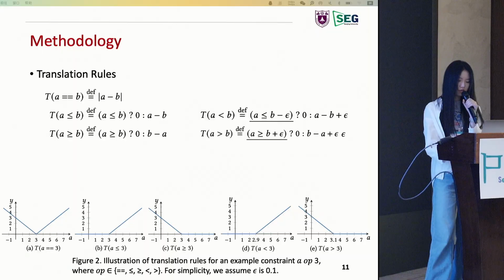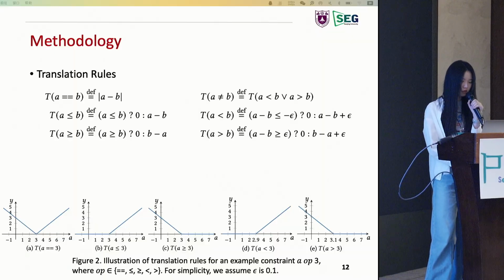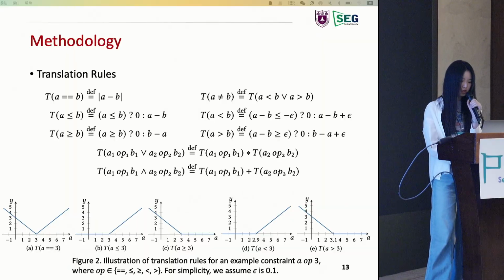for greater than or equal to derive that for greater than. To avoid possible errors caused by the finite precision of floating point representation, we shift the term, and the final translation rule for A is greater than B is to non-strictly compare A minus B and epsilon. For not equal, we use the aforementioned rules for combination.